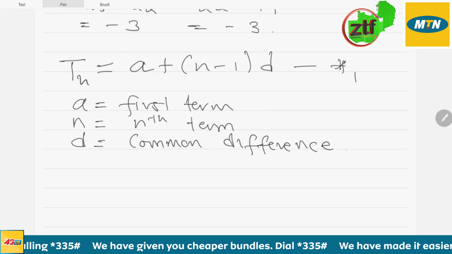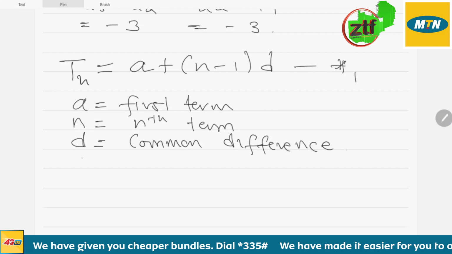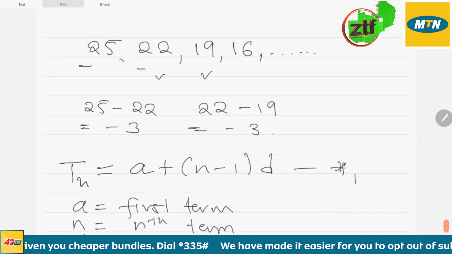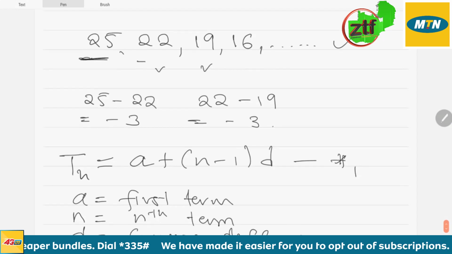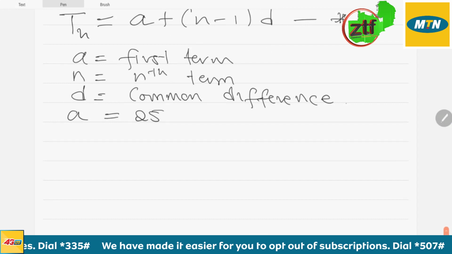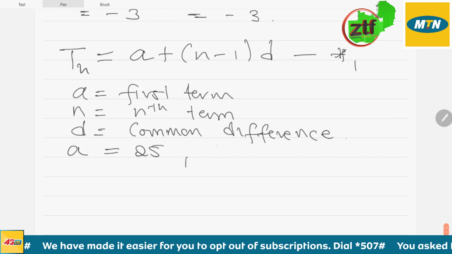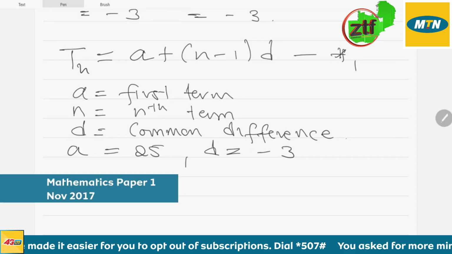Is the common difference. So what is the value of a? The value of a, in this case, when we look at our sequence, we have 25. Then the value of d, which is the common difference, we have negative 3.